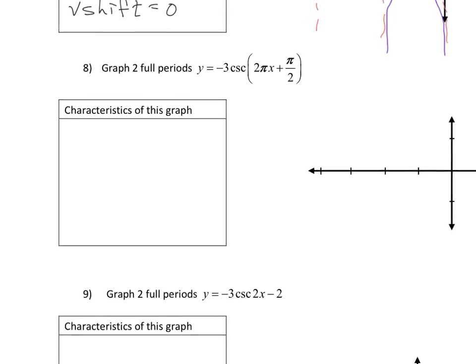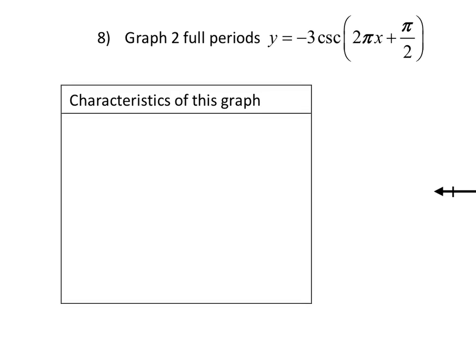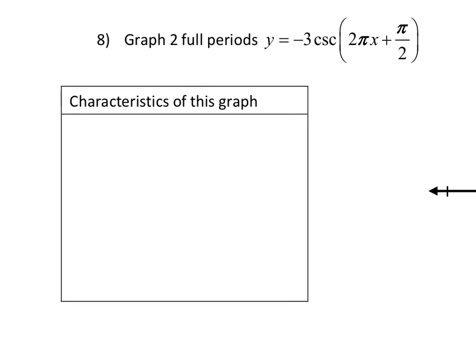All right, so let's look at this one. We now have period, amplitude, and horizontal shift. So remember what I said. We're going to lay down exactly what our underlying function we're going to be graphing is. So this has to include amplitude and period change.